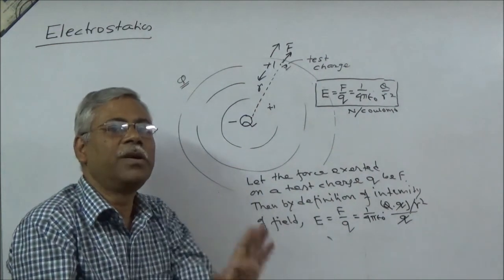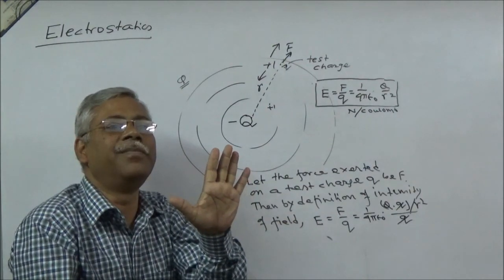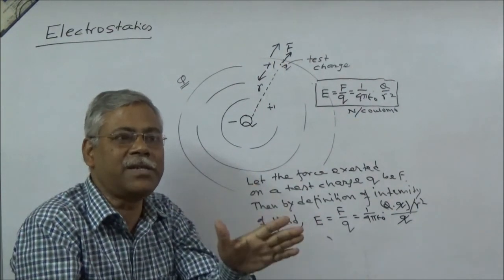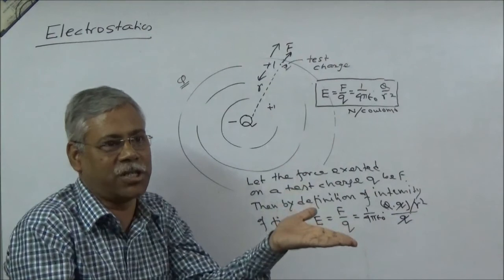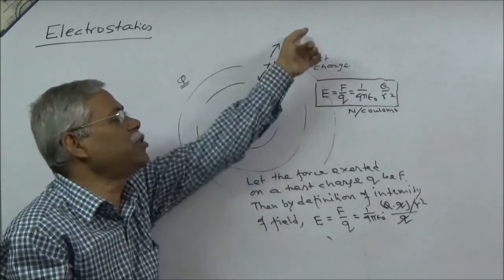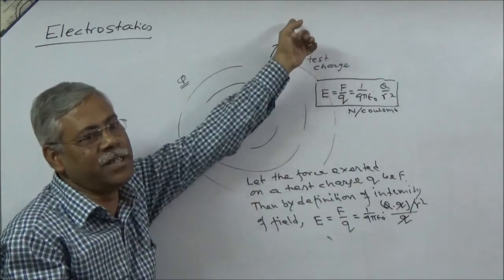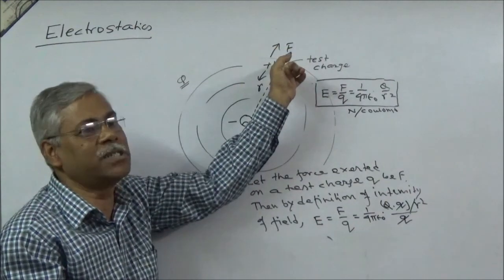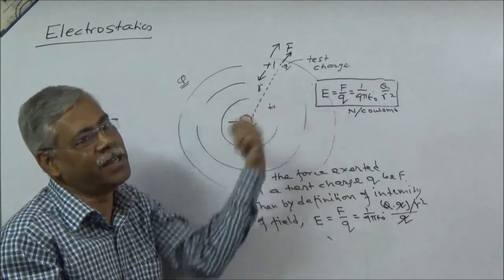So the direction of intensity is the same as the direction of force on plus 1 charge. If on plus 1 charge the force is in this direction, then intensity is in this direction.